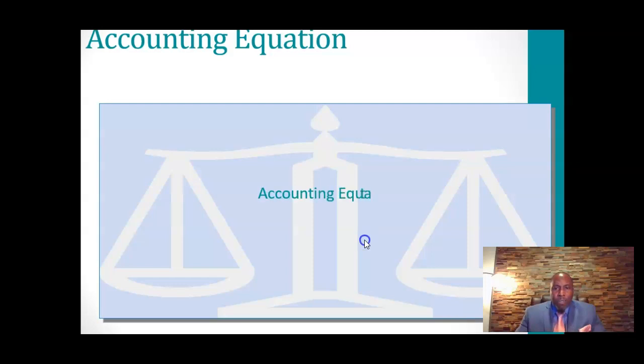First, we have what's known as the accounting equation. This equation says assets equal liabilities plus owner's equity. Assets refers to things of value that are owned or controlled by a business organization. Liabilities refer to the existing debts or obligations of a business.